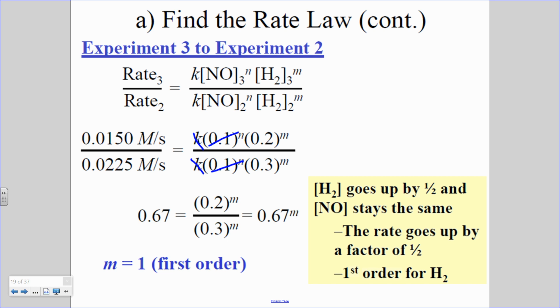It's the same for both. So now we really are only comparing our second reactant, the hydrogen. So I have 0.2 over 0.3, both of them raised to the m power. So I have 0.67 equals 0.67 raised to the m. Now, if this doesn't change, this exponent here must be 1. It must be raised to the first power.